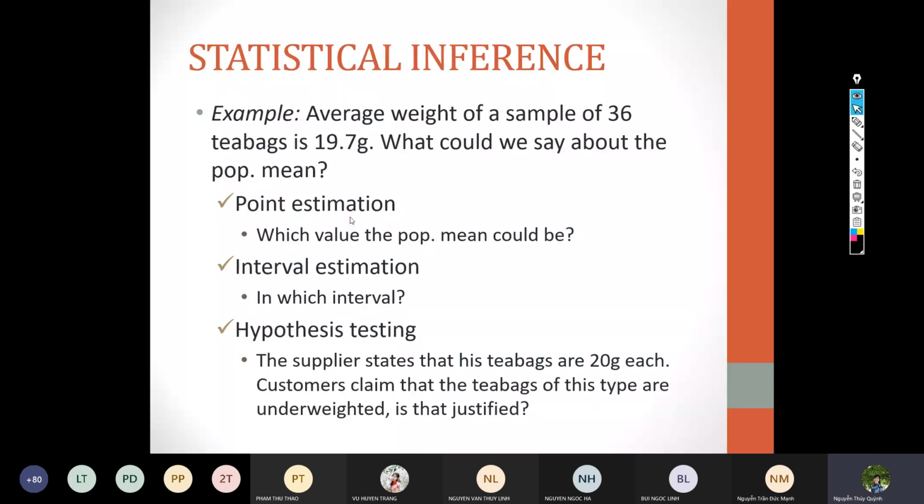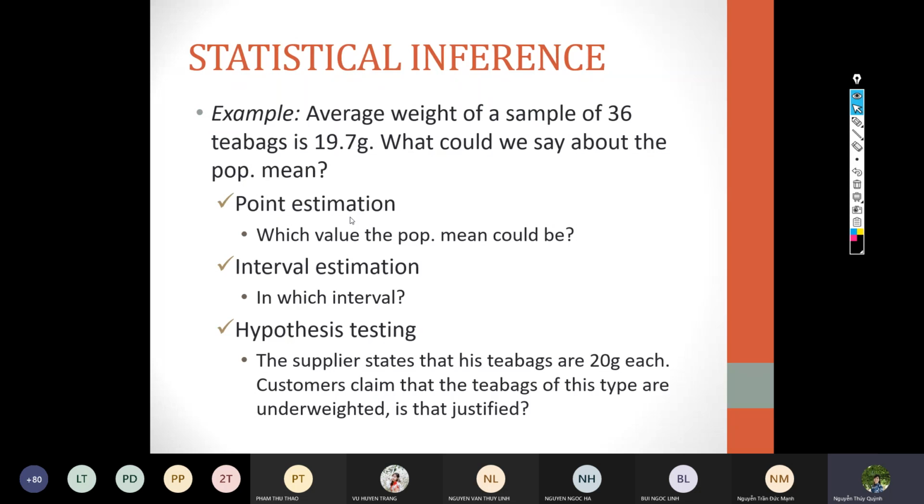So is that belief justified? Can we find the evidence to support the belief that the average weight of the tea bags manufactured by this company is less than 20 grams?